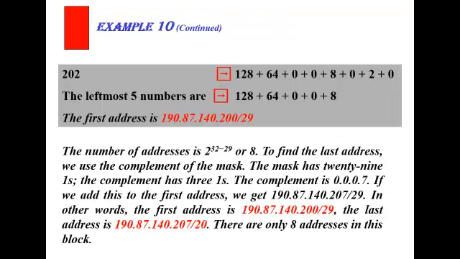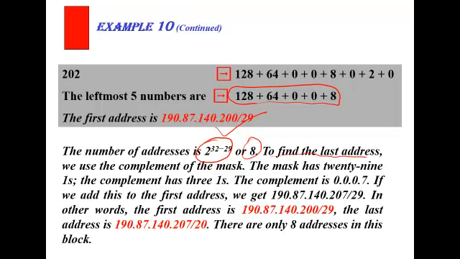If we write it down, the leftmost 5 bits are these. If we convert it into decimal, it becomes 200. So this will be your first address, or you can choose any method which we have learned previously. Then for the number of addresses, you know the formula very well: 2 to the power 32 minus the prefix length. So 32 minus 29 becomes 3, and 2 to the power 3 equals 8. Only 8 addresses will be there in this particular block.